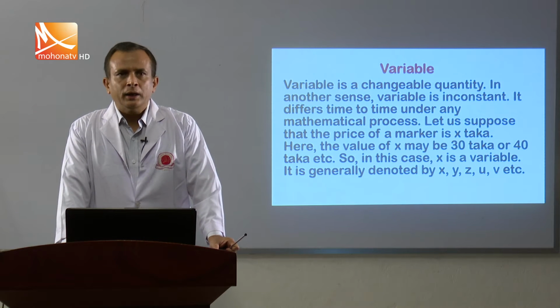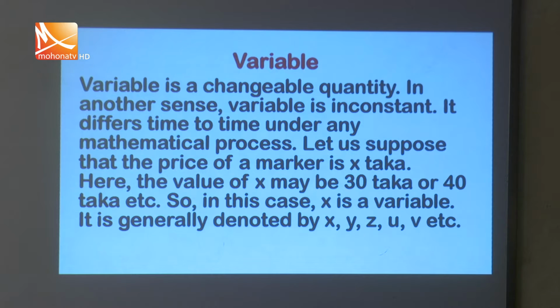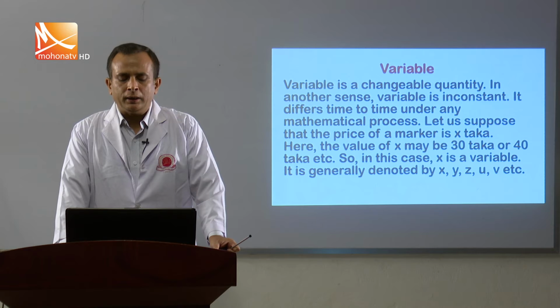In this sense, we see that the value of X differs from time to time under any circumstances. So in this case, we can say that X is a variable. It is generally denoted by small letters of the English alphabet like x, y, z, u, v, etc. Okay.